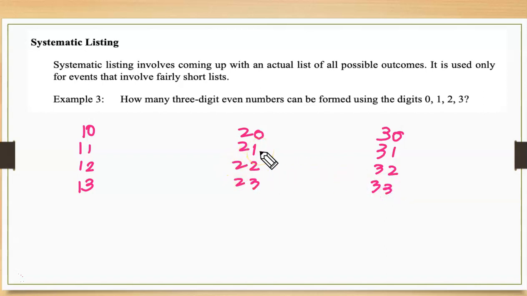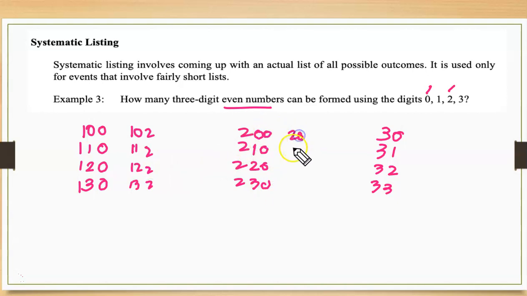And there are 2 choices that we can use as our last digit, since it talks about even numbers, or the digits should be even numbers. So we have only 0 and 2. So even numbers should end with 0 or 2. So we have 0 for the last digit, and another round, the same first and second digits, but the last digit is 2.